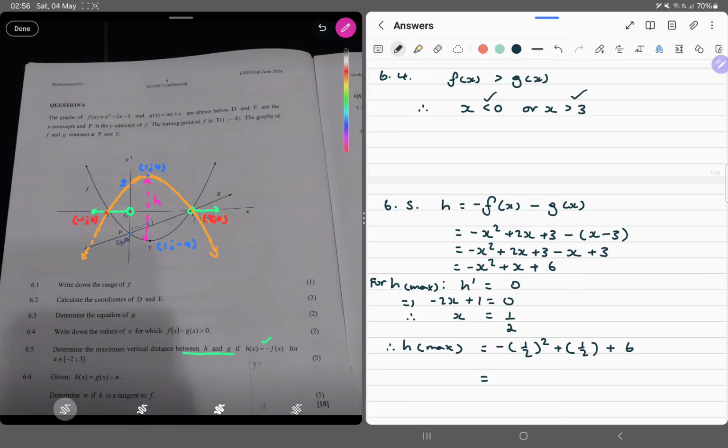They chose some easy questions to ask, honestly. Minus 1 over 2 squared plus 1 over 2 plus 6.